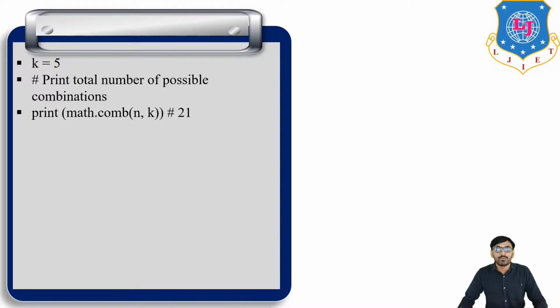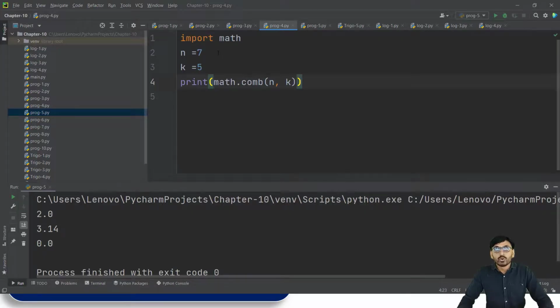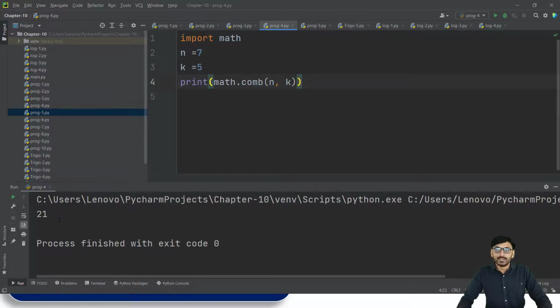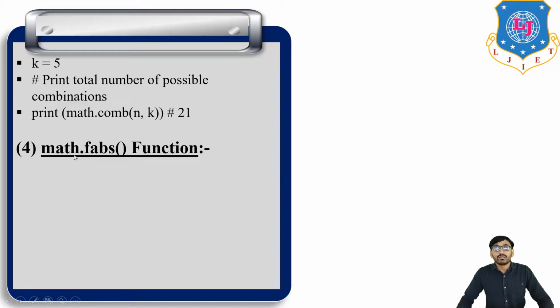Now this same program we run in PyCharm. So import math, then n is equal to 7, k is equal to 5, print math.comb n and k. If we run this program, the output is 21. Then next one, fabs function. The math.fabs function returns the absolute value of a number.